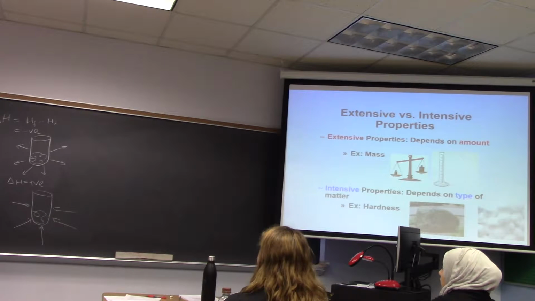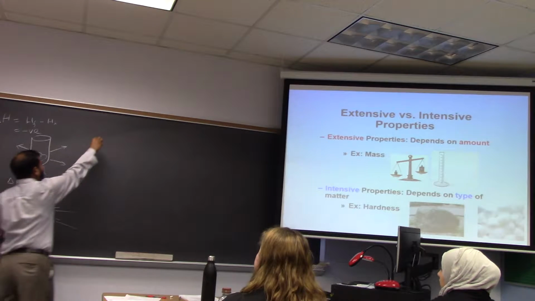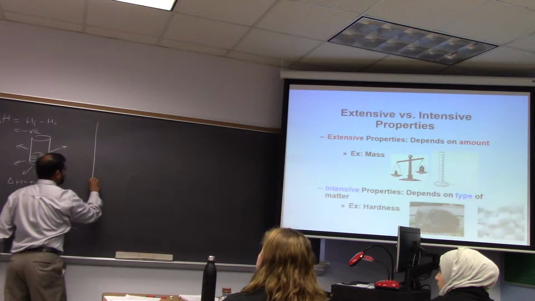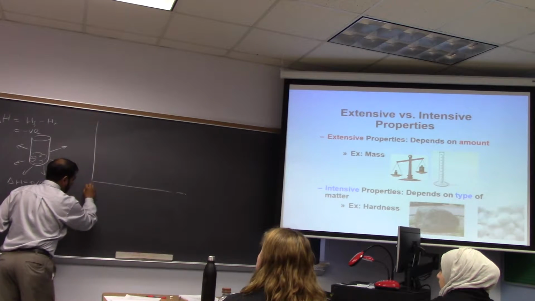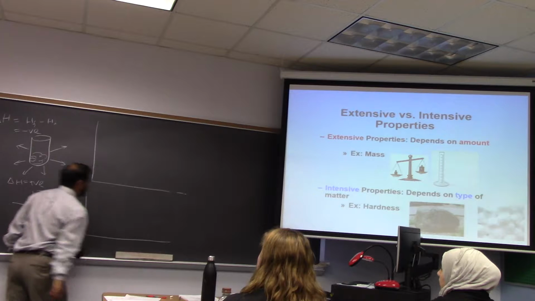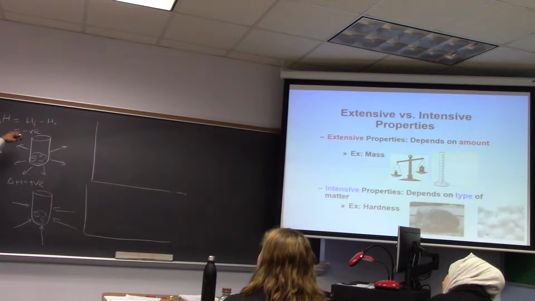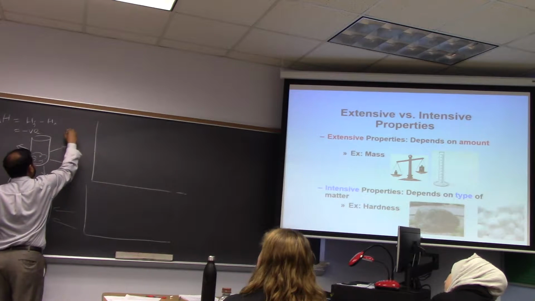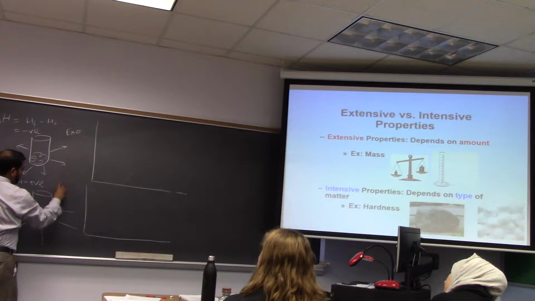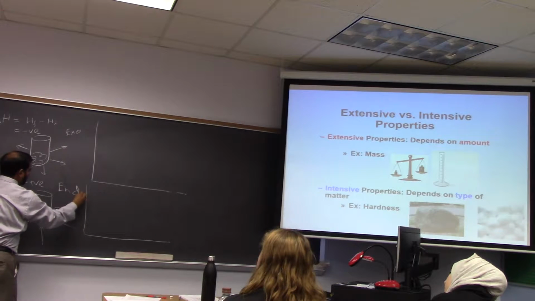And how would the curve look? If you draw a curve, let's draw both curves next to each other. For the first one, this is the exo, and this is the endo.